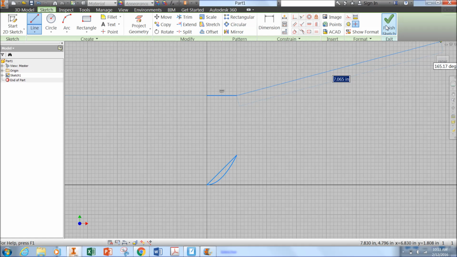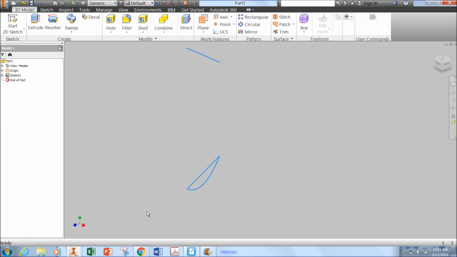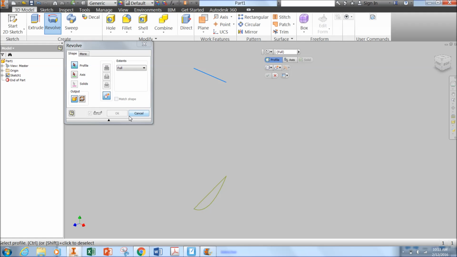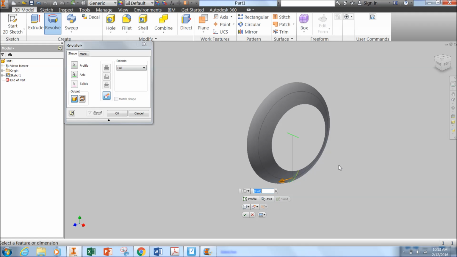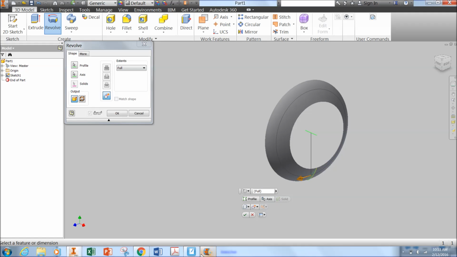I will now finish my sketch. I will choose to revolve. I must select my profile to revolve, and then I must choose the axis to revolve about. I want to do a full revolution, which I will accept.